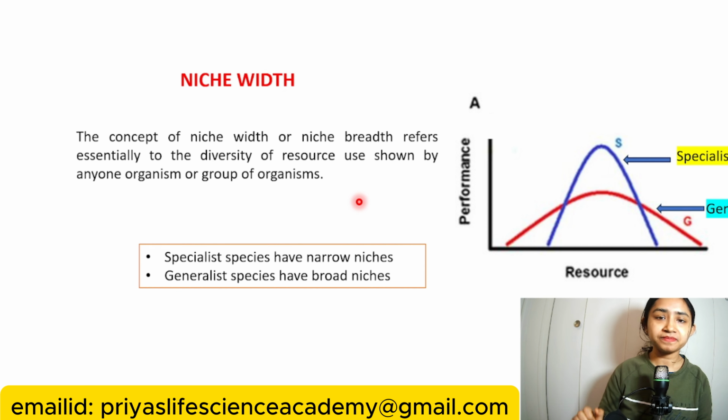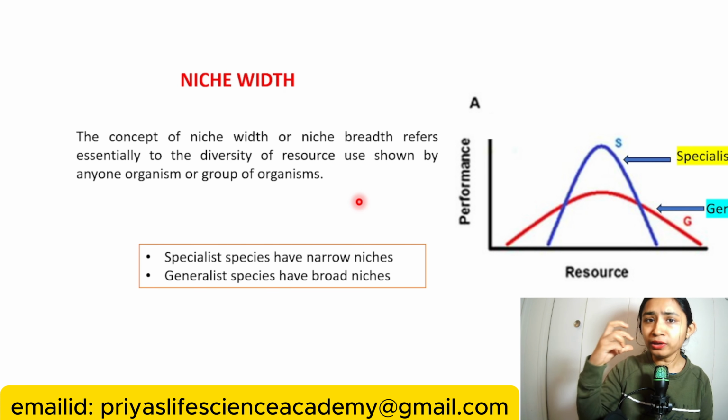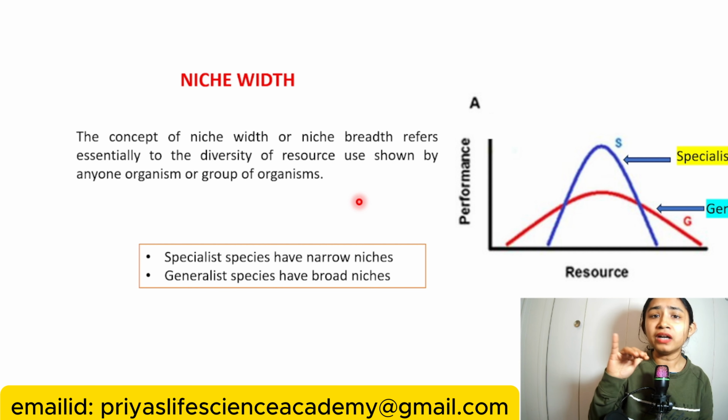Now coming to a very important point: there are two types of characteristics you can see in species. The species which are dependent on a special type of food, which will only consume a special type of food and not other kinds of food, are known as specialist species.